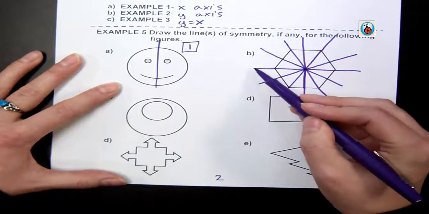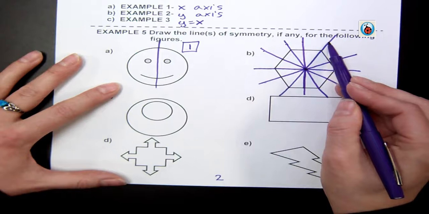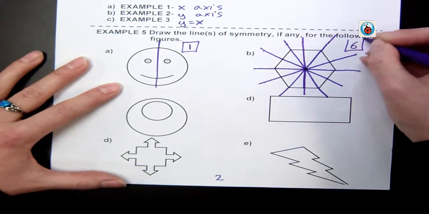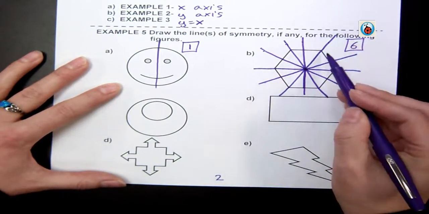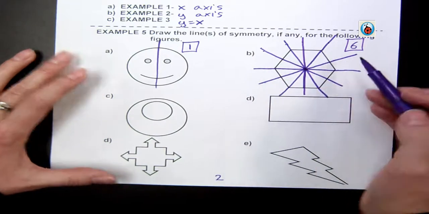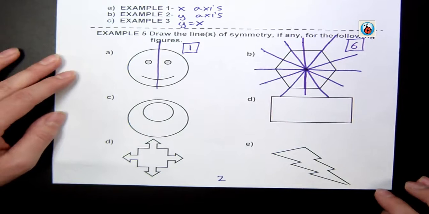And so I had a total of 1, 2, 3, 4, 5, 6 lines here. And I did notice this was a regular hexagon with 6 sides, so if I have a regular hexagon, I will also have 6 lines of symmetry I can go through.